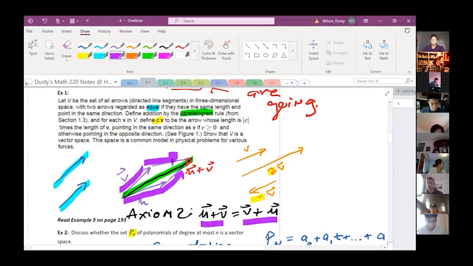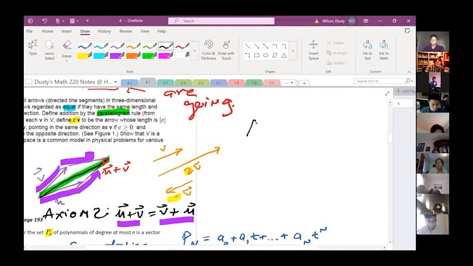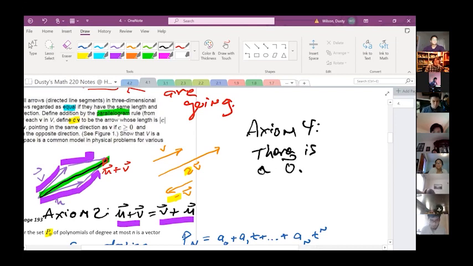Okay. And how about axiom 4? We haven't talked about that yet. So axiom 4 says that there is a 0. What does a 0 vector look like in this context? Yeah, it would just be a dot, or a point.